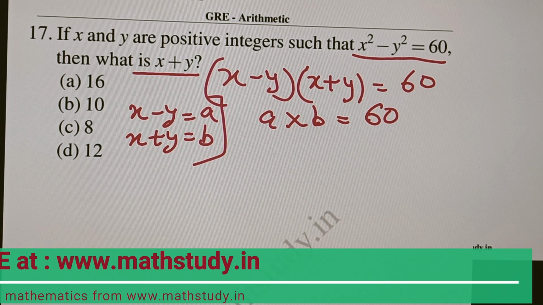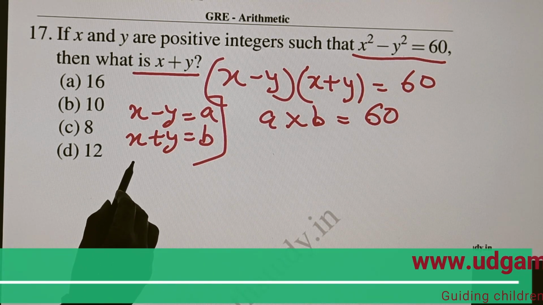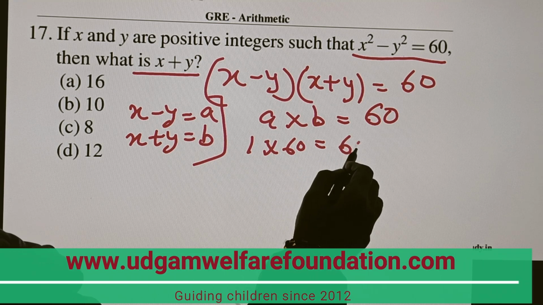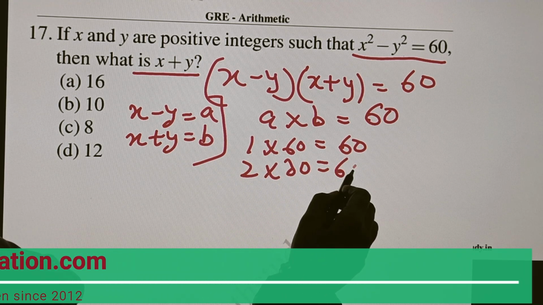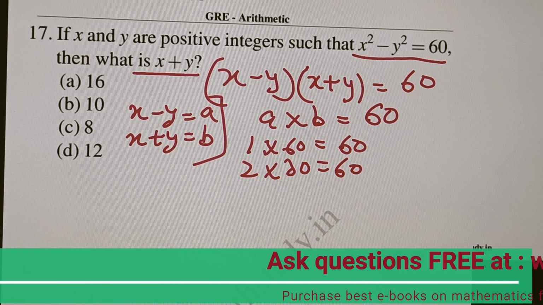Now we have to make pairs of a and b, like 1 into 60, which will give you 60. Similarly, 2 into 30 gives 60. We can take these factors by doing LCM as well.